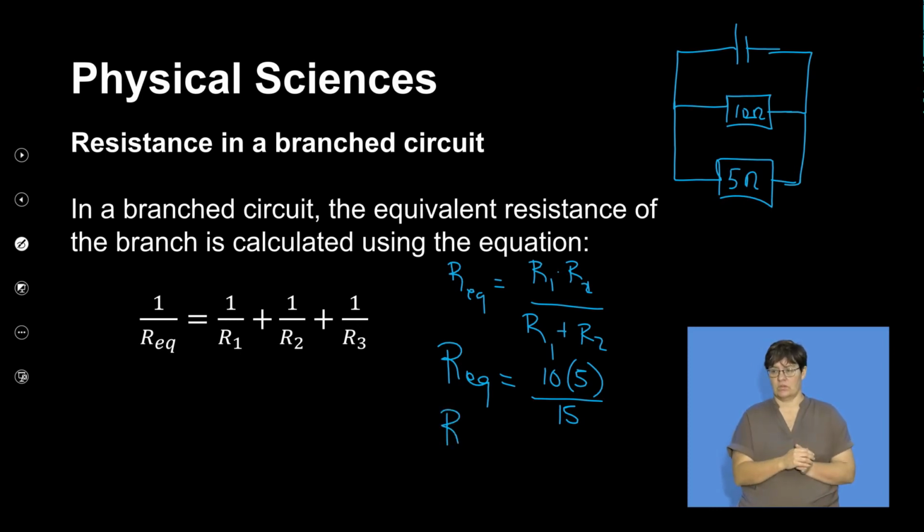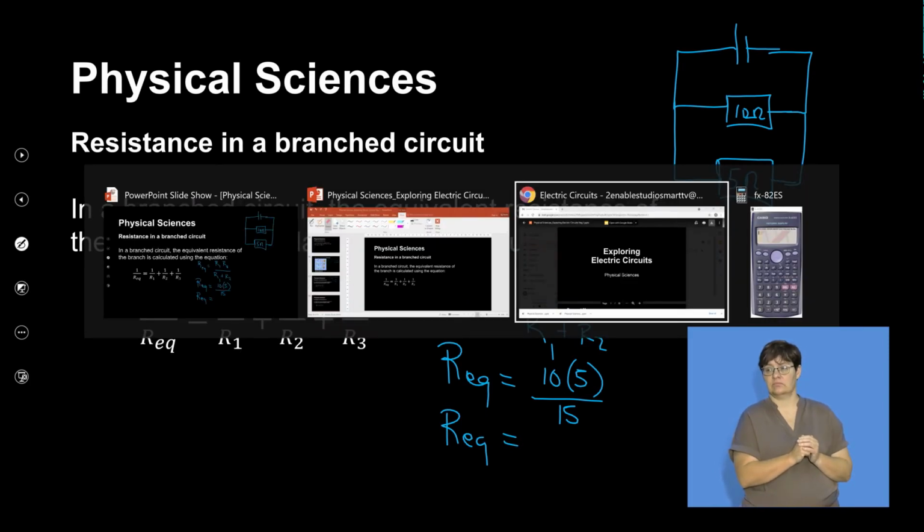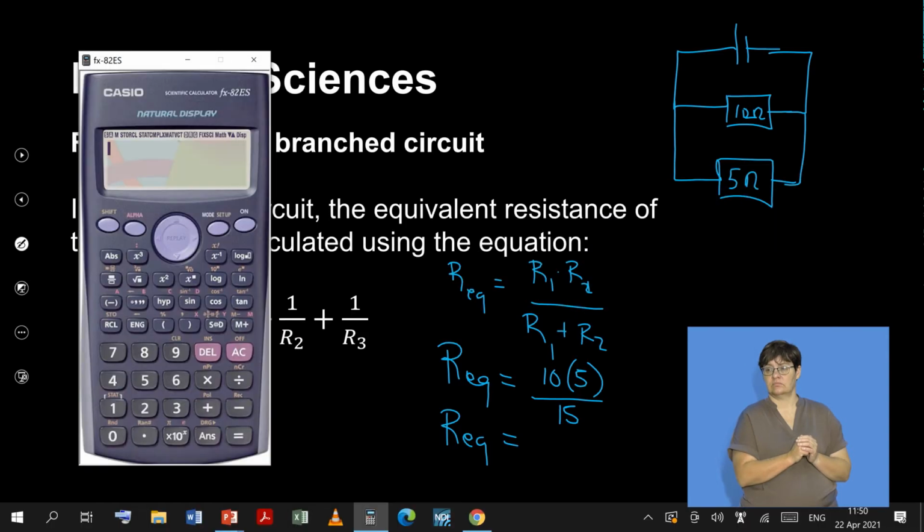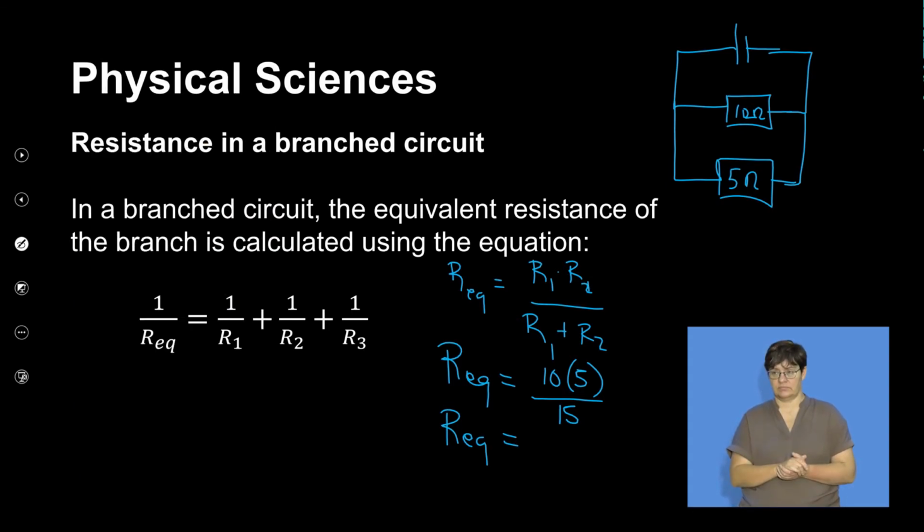Our equivalent resistance in this case has something very important that we need to take note of. 10 times 5 gives us 50, divided by 15. So our equivalent resistance is 3.33 ohms.